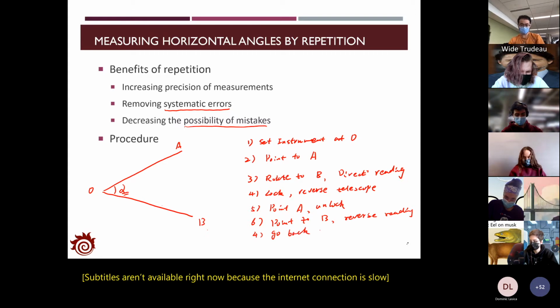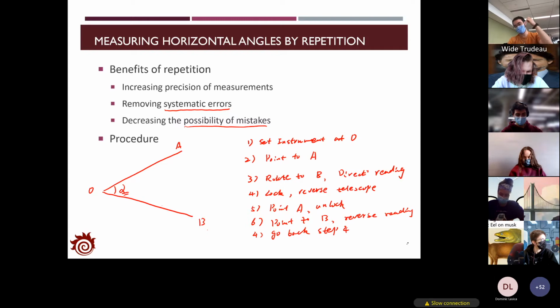to step 4 and repeat this one for many times and get a lot of reverse readings, and eventually you will have a number of repetitions. So you can repeat this one for n times.